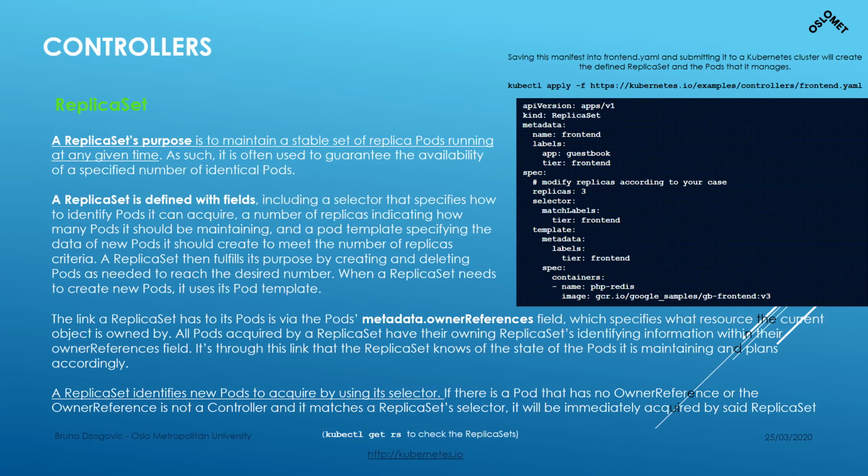You can run the command kubectl get rs, which is for replica sets, to check the replica sets. You can also apply -f the link from where this example is taken. This will run PHP Redis containers, like a front-end application. That's just a small example of this type of deployment, which is a replica set.